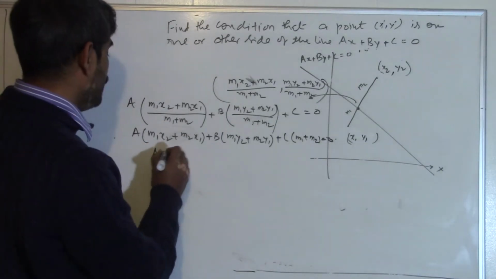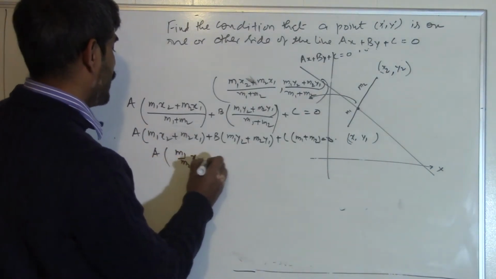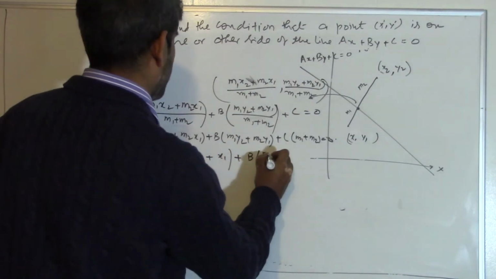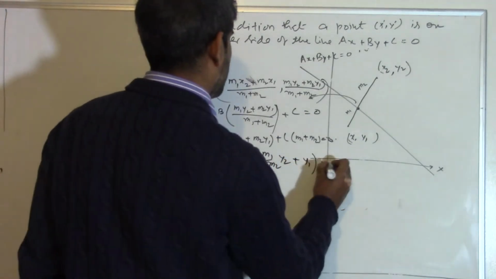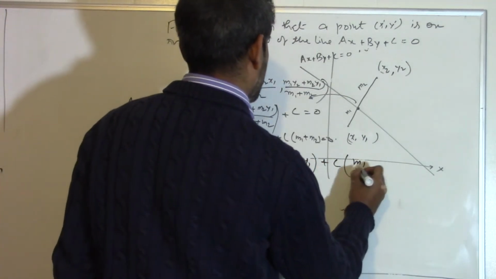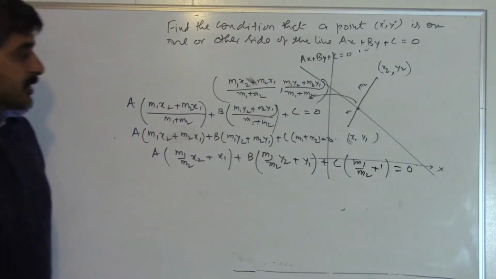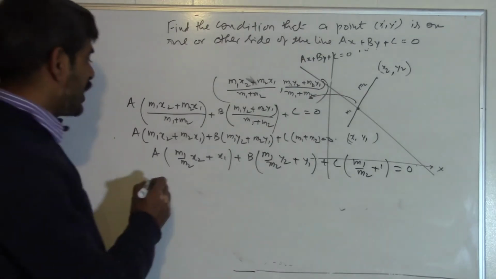So we get a times (m1 upon m2 multiplied by x2 plus x1) plus b times (m1 upon m2 into y2 plus y1) plus c times (m1 upon m2 plus 1) is equal to 0, and separate the terms that contain m1 divided by m2 and the terms that do not contain them.